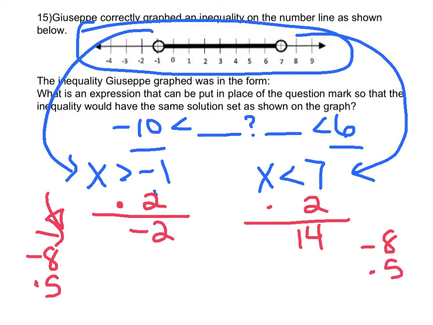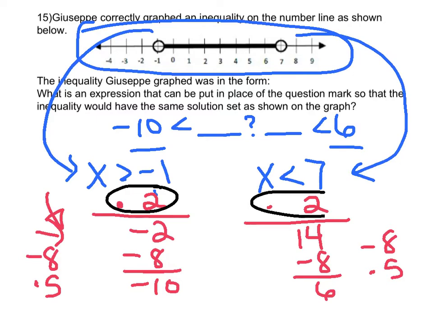But over here, 14 minus 8 would give me 6, but 14 times 5 is not going to give me 6. So, our option that works for both is to subtract 8. Now I've got my -10 and 6. So the operations that I did to both of them were to multiply by 2 and subtract 8.